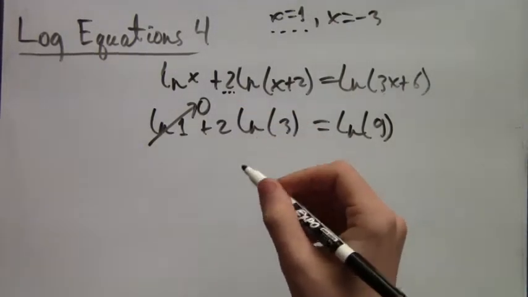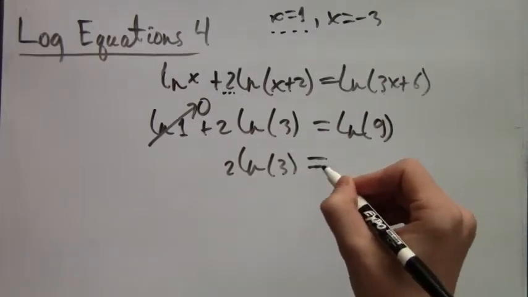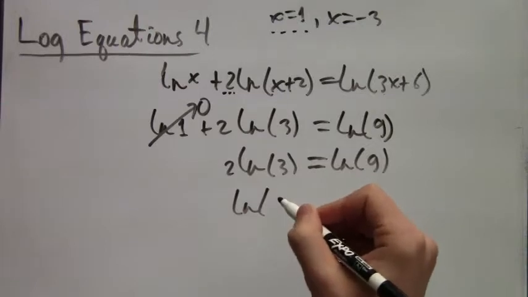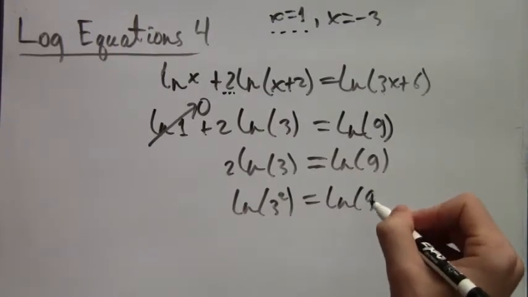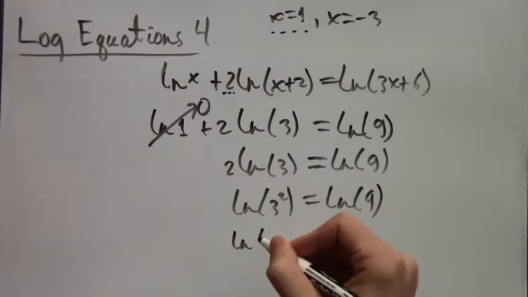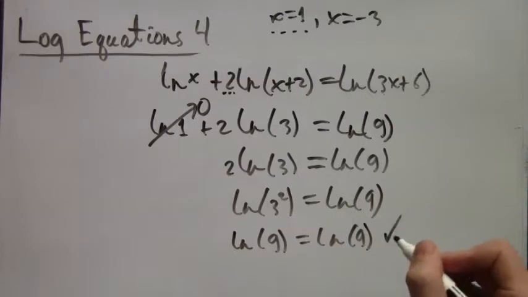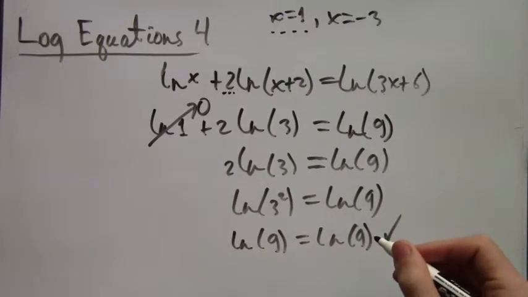And then we have 2 natural log of 3 is equal to log of 9. And now we just have to remember the properties of logs. 2 ln of 3 is actually ln of 3 squared. And 3 squared is 9. So we get ln of 9 equals ln of 9, which is true. So x equals 1 definitely works.